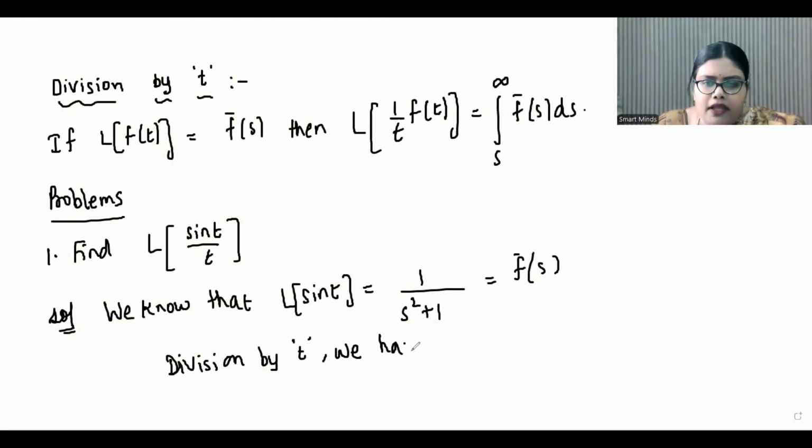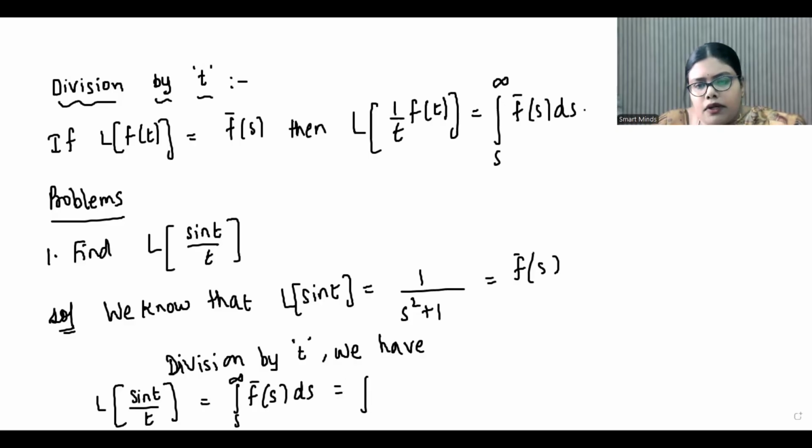Division by t we have L of sin t by t is equal to integral s to infinity f bar of s ds is equal to integral s to infinity 1 by s square plus 1 ds. So that is equal to tan inverse s from s to infinity.